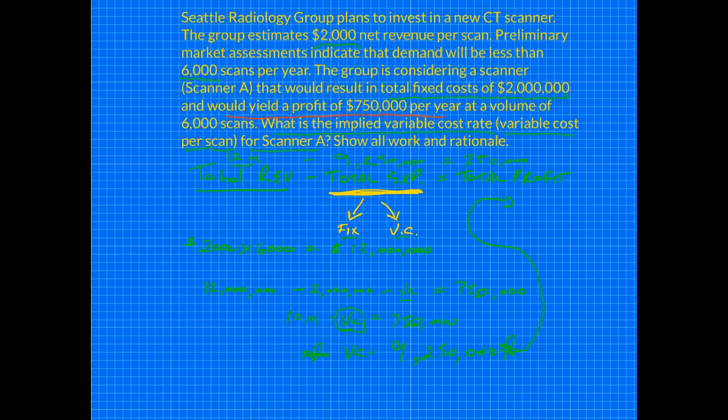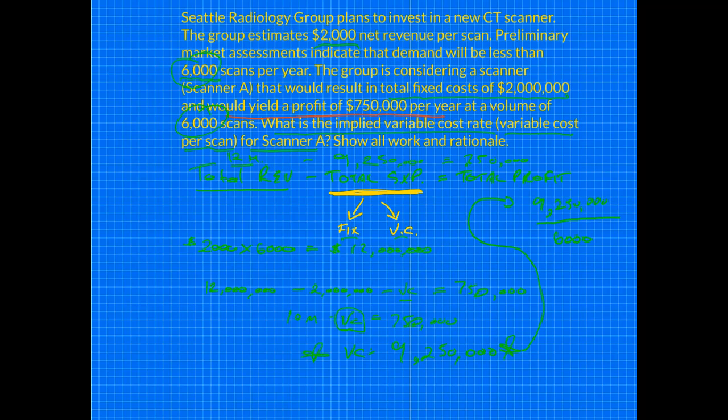We got to figure out the variable cost per scan. We've got the 9,250,000. How many scans? Well, we've been given a projection all throughout this particular example of 6,000 scans per year. So we're going to divide that by 6,000.